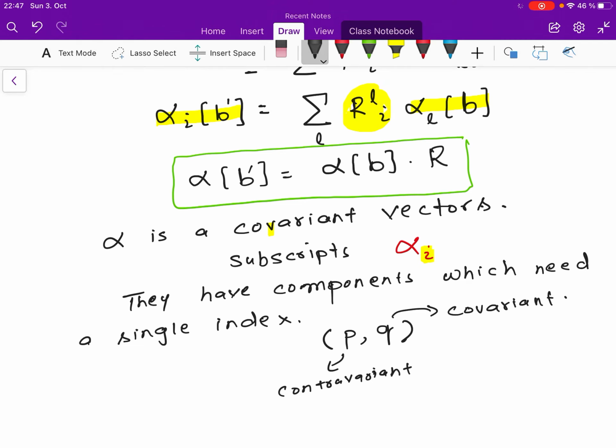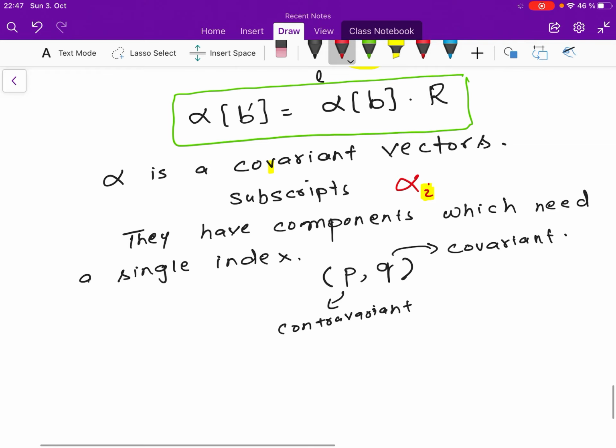So if we take for example a vector, a vector is a tensor. We haven't defined tensors, but you must remember that a vector is also a type of tensor, and this tensor is contravariant.